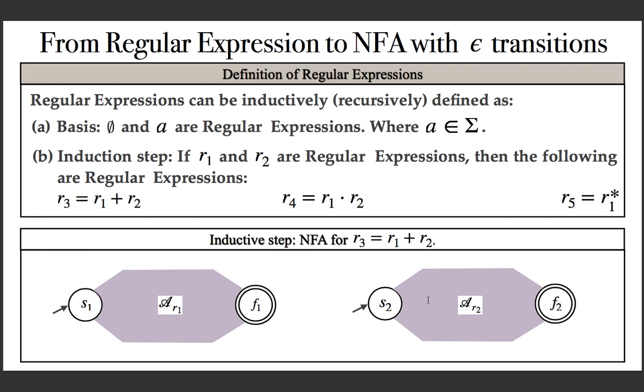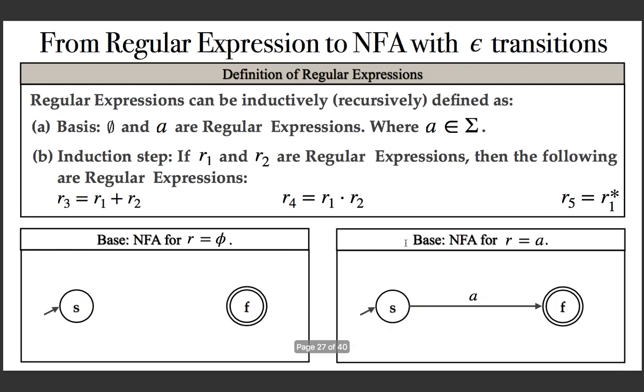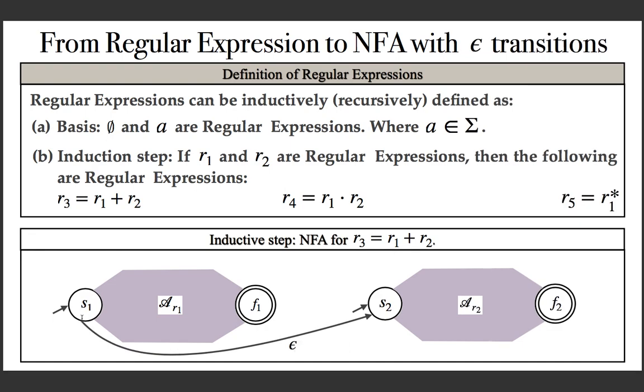These are the NFAs. Then can you suggest a way to obtain the NFA for R1 plus R2? In fact, there are different ways in which you can construct it. I am giving you a simple way where I am just adding an epsilon transition from the initial state of the first NFA to the initial state of the second NFA. See the new NFA, what is it doing? It can accept either if the first one is accepting or if the second one is accepting by taking this epsilon transition.